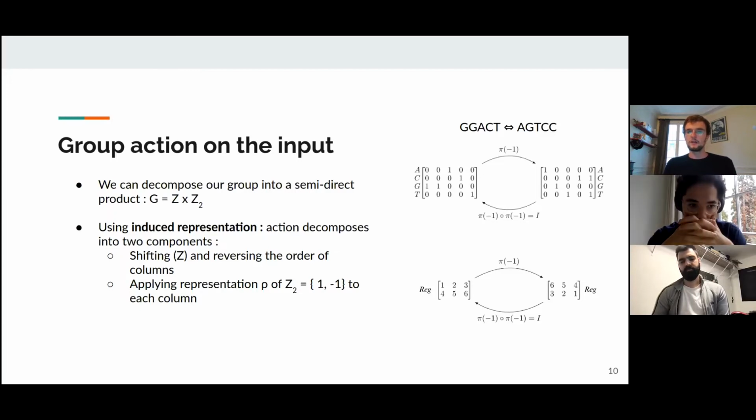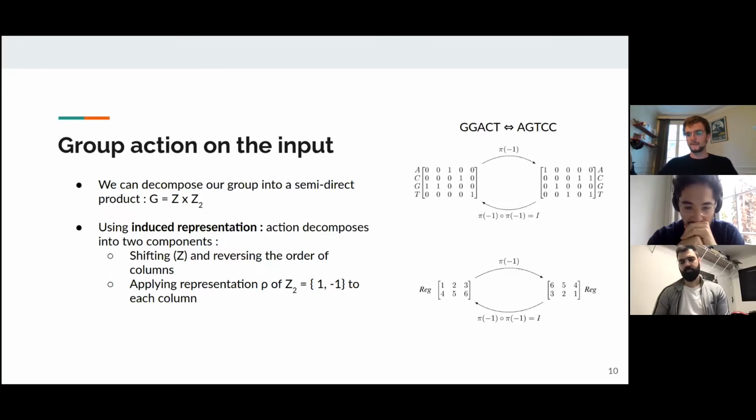And then it enables you to leverage interesting math results, such as using the induced representation. Basically, you can use a representation of the smaller group, so Z2, and then port this representation of the smaller group onto the semi-direct product group by using the induced representation, and you get a general result that tells you it's the most general way to extend your representation of the smaller group onto your representation of the whole group.